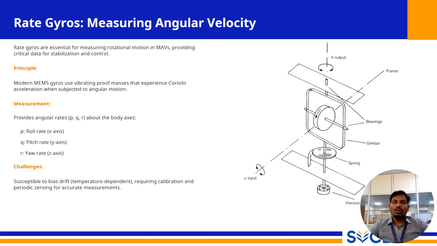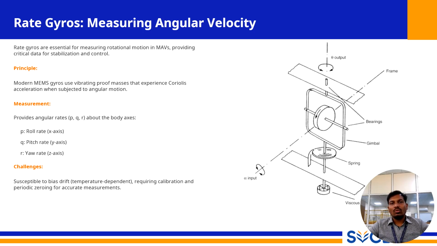It drifts slowly over time and is often temperature dependent. If we were to calculate the drone's angle by simply integrating these rate measurements, this small drifting error would accumulate, leading to a large and ever-increasing error in our attitude estimate. This is why the gyro requires careful calibration and periodic zeroing for accurate measurement.